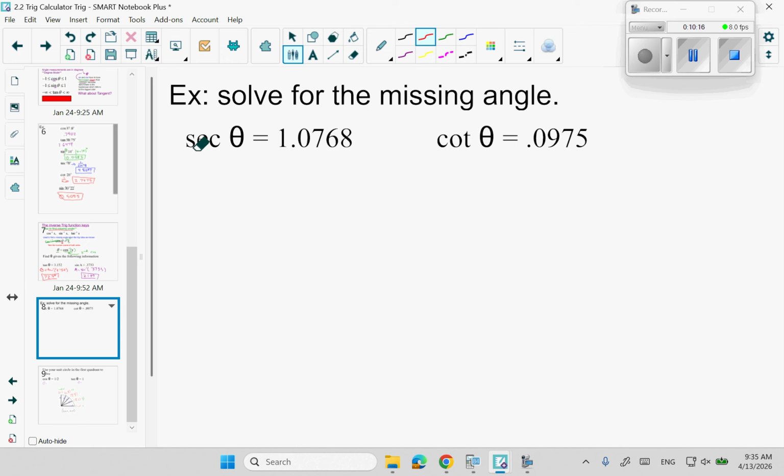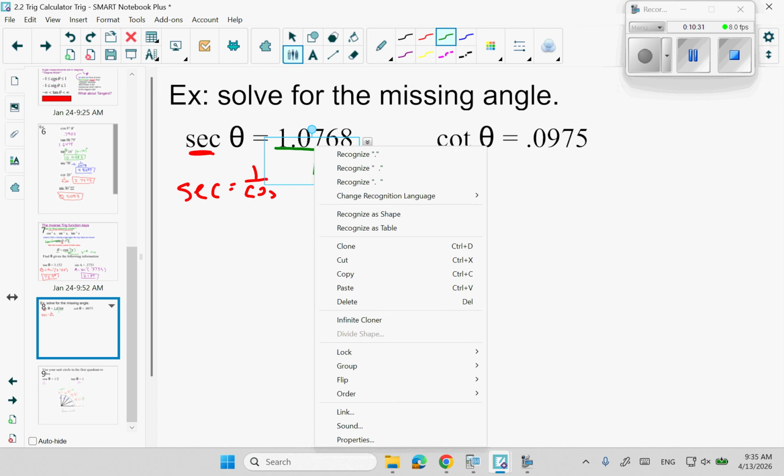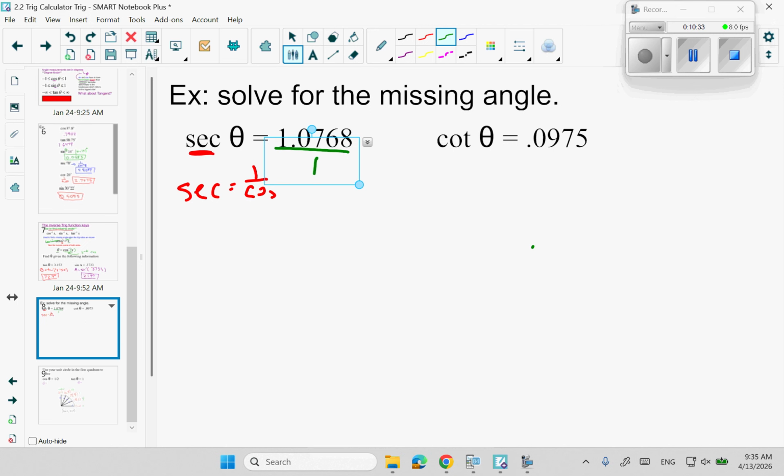For this one, we don't have a secant button. And remember that secant is 1 over cosine. So the way this actually works is that imagine this is already over 1. I have to flip it. So this becomes cosine of theta equals 1 over 1.0768.